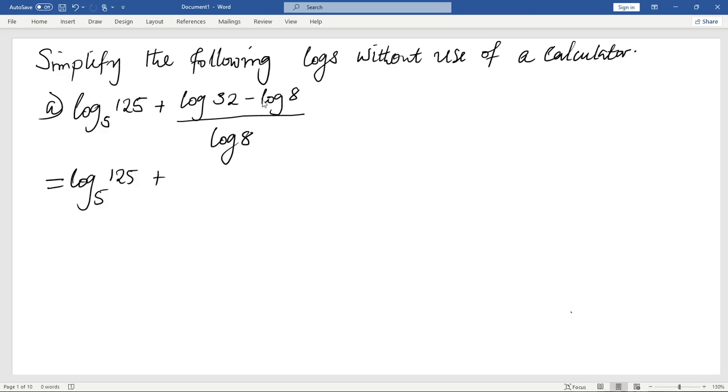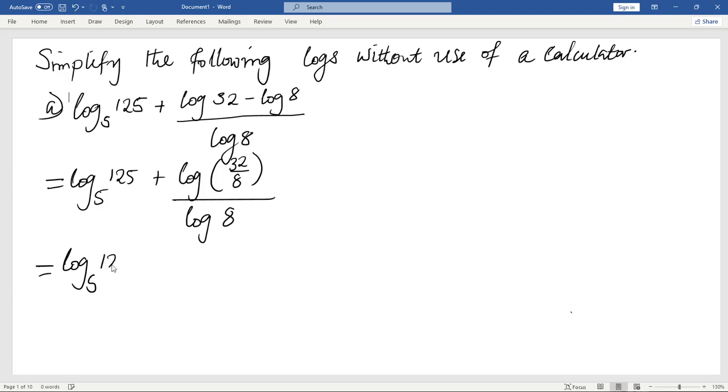If we have a subtraction symbol between two logs, it simply means that 32 is being divided by 8. So on top we're simply going to have log 32 divided by 8, then divided by log 8. We'll evaluate this later on.